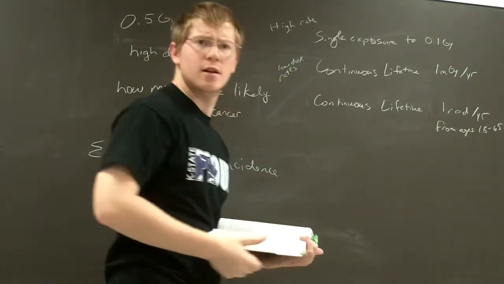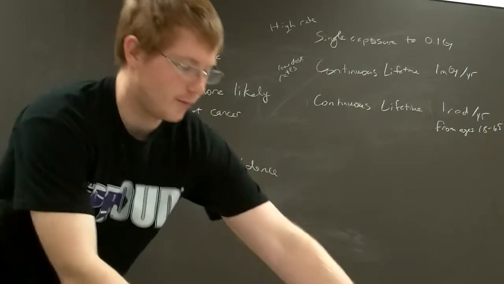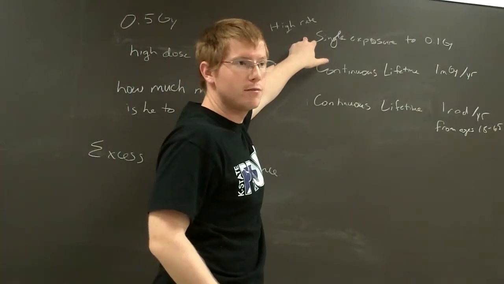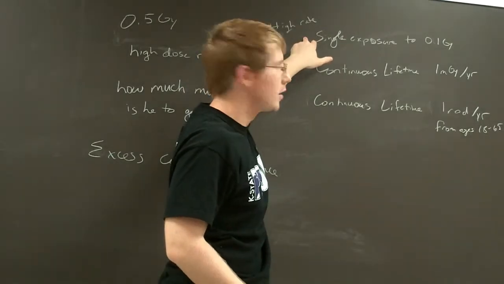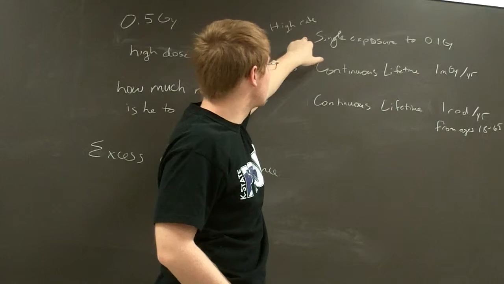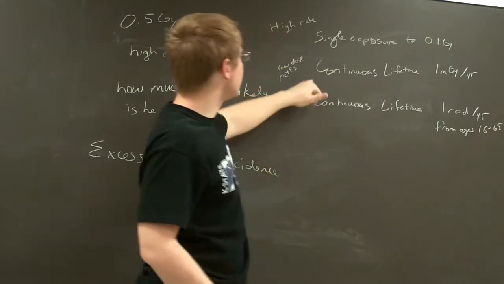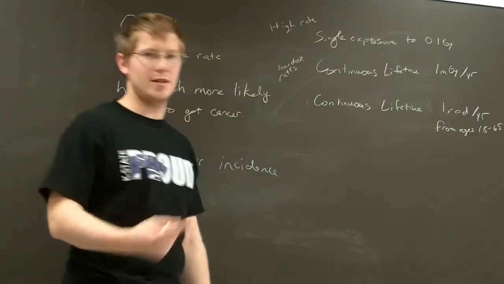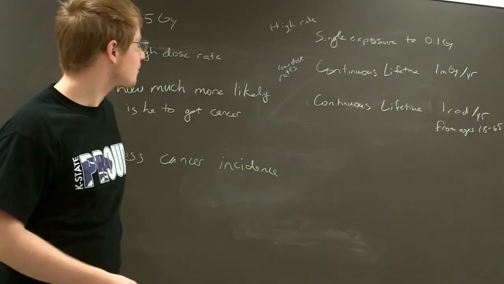Does that make sense? You're getting this all of a sudden, and your body may have a hard time recovering from that single dose of radiation that quickly. Whereas with these, you're receiving a much smaller dose on a daily basis, so your body has time to heal over the year.